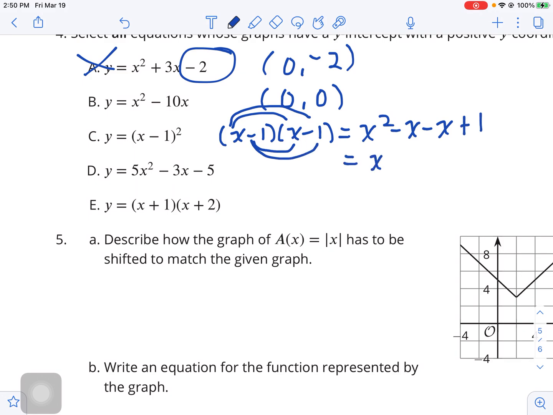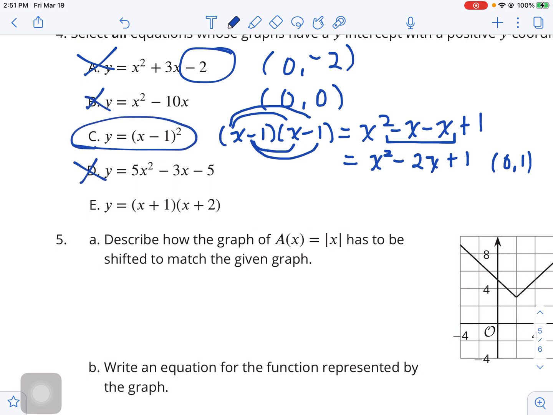So this gives us x squared minus 2x plus 1. These two combine to give us minus 2x. So this is a positive y-intercept because it has coordinates 0, 1. So we can circle this one.